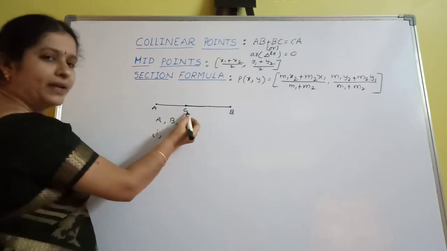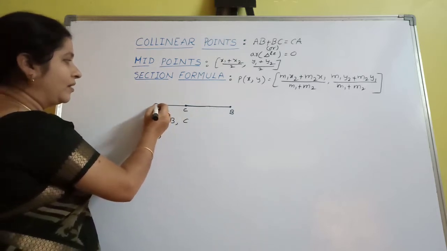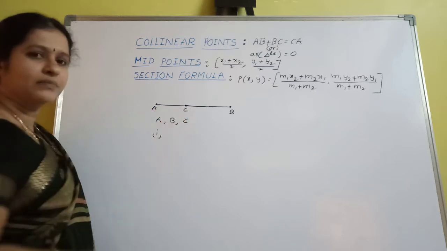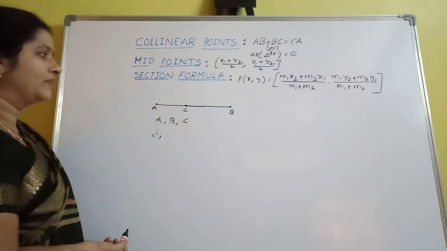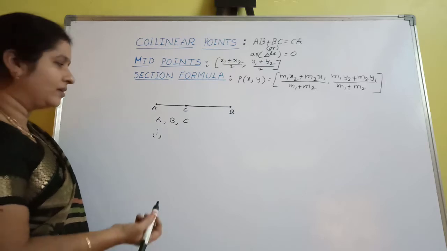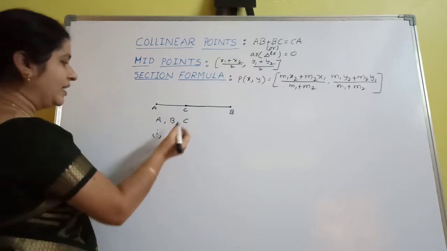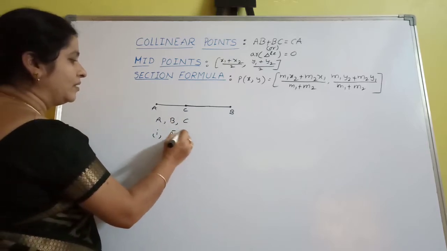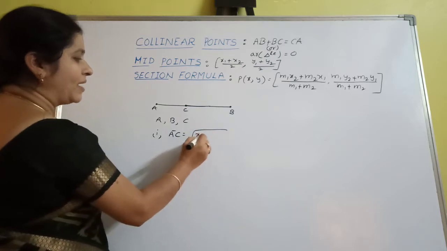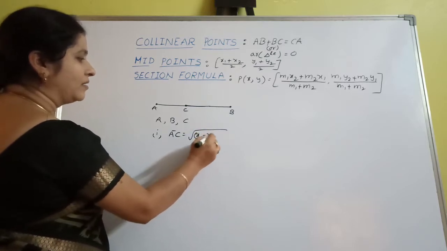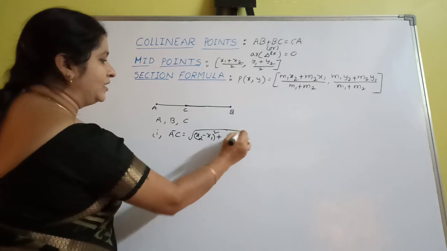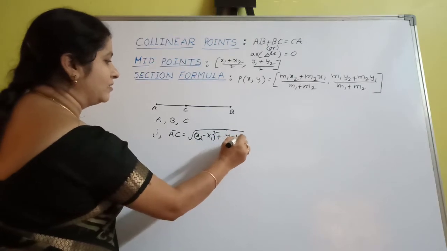So AC means, we already discussed the distance between 2 points. What is the formula for distance between 2 points? AC equal to root of x2 minus x1 whole square plus y2 minus y1 whole square.